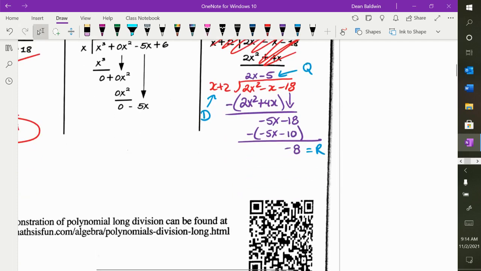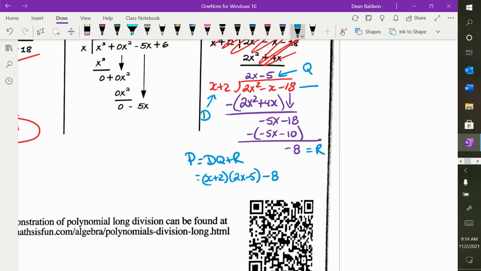So then we write it as d q plus r. Our divisor is x plus 2. Our quotient is 2x minus 5. And our remainder is 8.